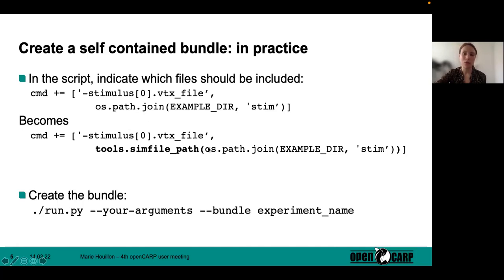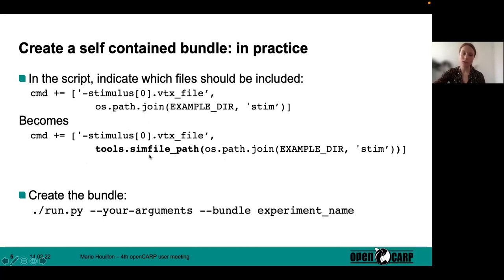You will have to encapsulate the path to this file into the tools.simFilePath function. Basically this function just tells, I want to add this file in the bundle because it is necessary to run my experiment. If you're not using the bundle option, this function does nothing. It just returns what you give it as an argument.